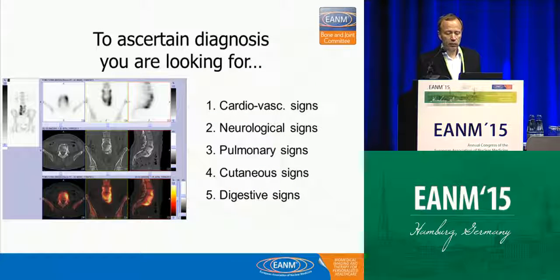Now, to ascertain your diagnosis for this condition, are you looking for cardiovascular signs, neurological signs, pulmonary signs, cutaneous signs, or digestive signs? It's up to you now, if you can vote now.